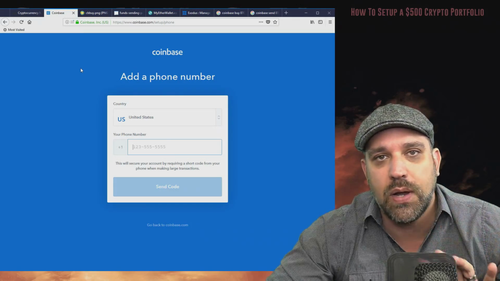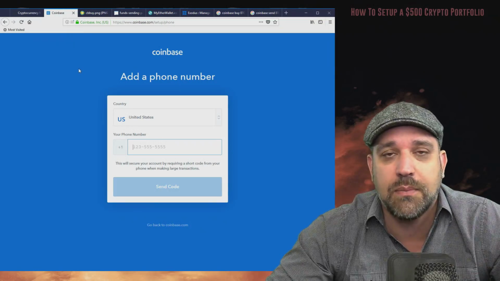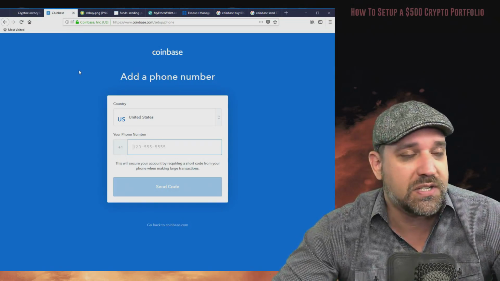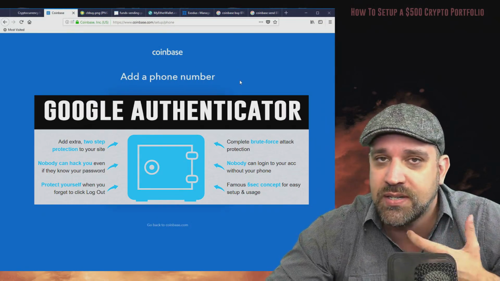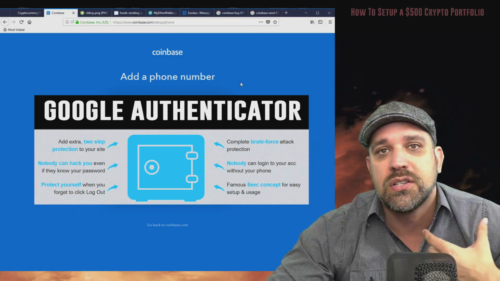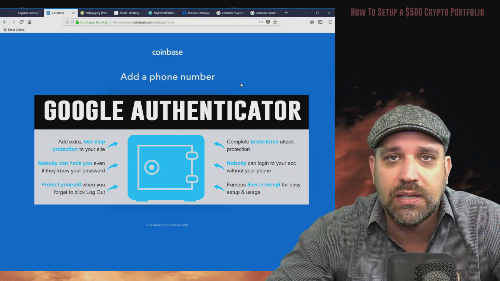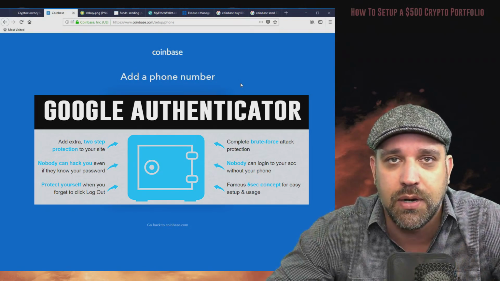Once you've set up your Coinbase account, I highly encourage you to set up two-factor authentication, which is basically a Google application. You can download it on iOS, and you can download it on your Android phone. It's called Google Authenticator. Download that app and use it religiously from this day forward in cryptocurrency.